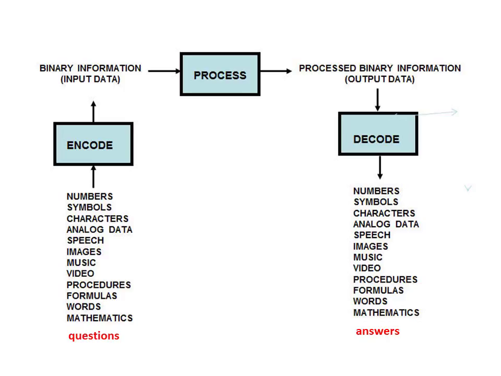It takes binary information, and only binary information, changes it, processes it according to how the microprocessor is programmed, and then it outputs still binary information, but it's different from the input. It's what I call process binary information. And this goes to a decoding device which encodes that information into information that we're comfortable with.